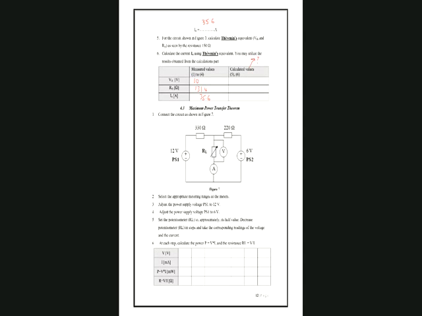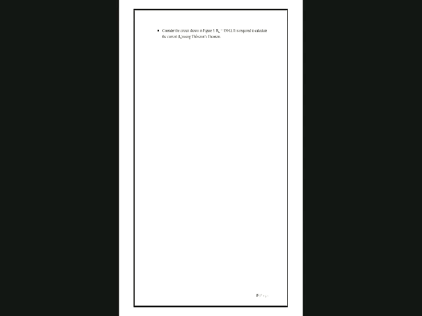For calculations, you need to find out V Thevenin and R Thevenin using the calculations, and take R L equal to 150 ohms. Then you need to find out I naught. After getting these values, you have to update the calculated values in the previous table. I hope you have understood it. If you have any questions, you can ask. I'll stop here.